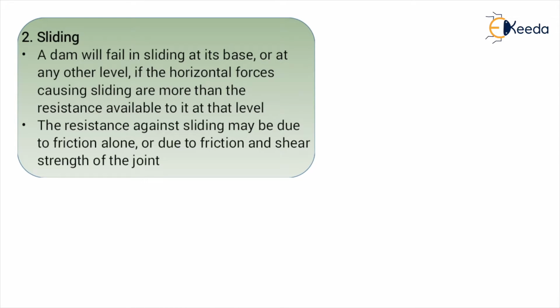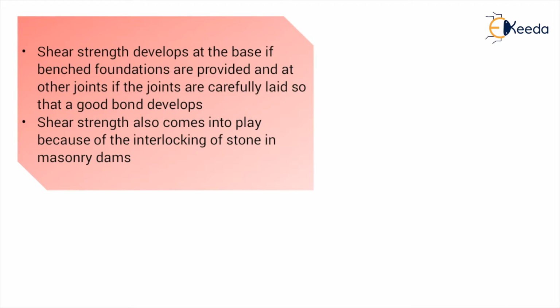The resistance against sliding may be due to friction alone, or due to friction and shear strength of the joint. So this happens because of friction or shear friction. The shear strength develops at the base if benched foundations are provided, and at other joints if the joints are carefully laid so that a good bond develops.